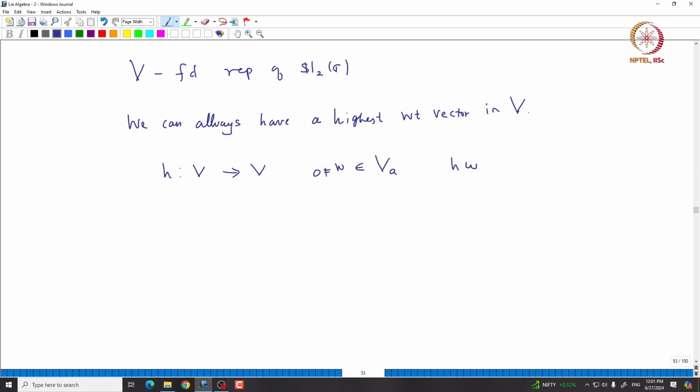So, that means H W should be equal to a W. Now, use this action of x and then see that x W is going to lie inside V a plus 2. So, now since all these a plus 2k's are all distinct, that tells you that there exists some smallest k for which x power k plus 1 W is 0, and then x power k W will not be 0. Okay.